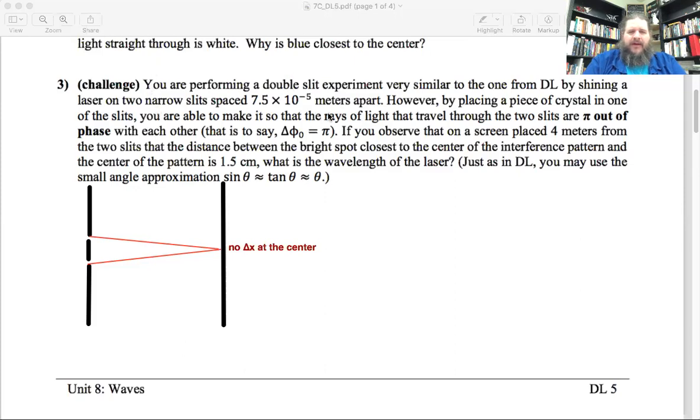But let's say we modify that by putting in this crystal on one of the slits. And that causes a phase difference of exactly pi. So now at the center, we still have no delta x, but a phase difference of exactly pi.